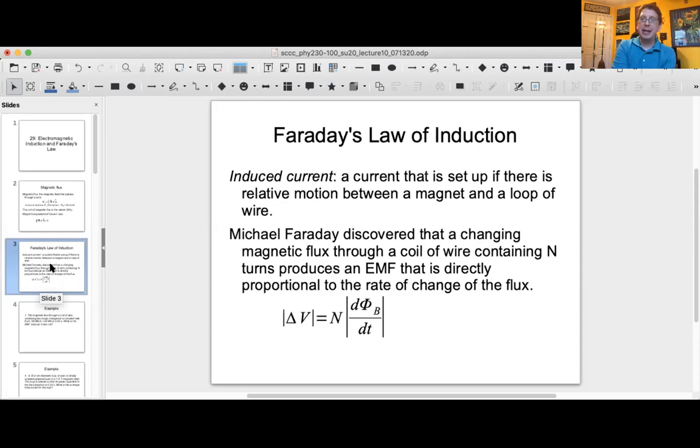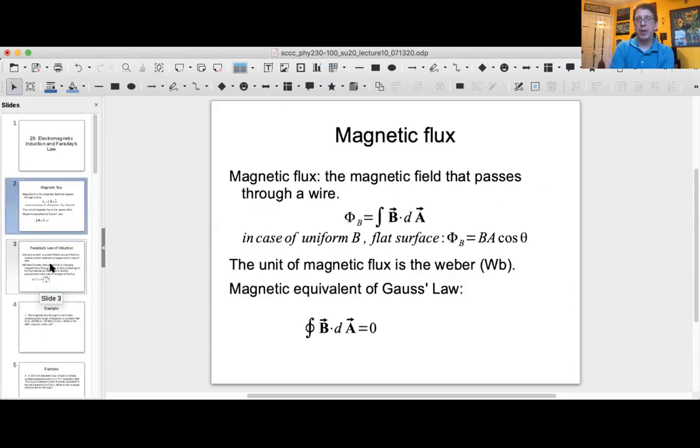Something to keep in mind is that there are basically three ways the magnetic flux can change. If we go back to B times A times the cosine of theta, you can change the magnetic flux three different ways. You can change the magnetic field going through the wire, you can change the area enclosed by the wire, or you can change theta, the angle the wire makes with the magnetic field.